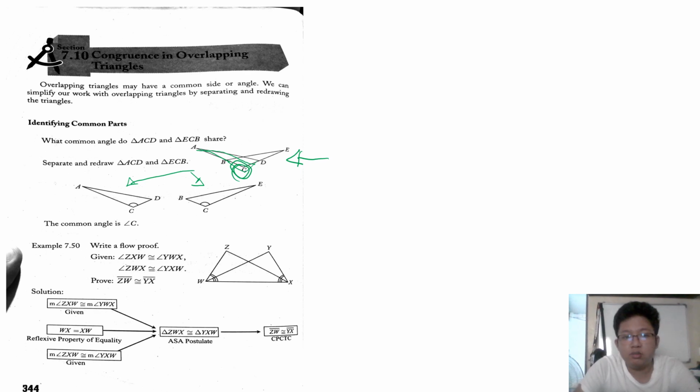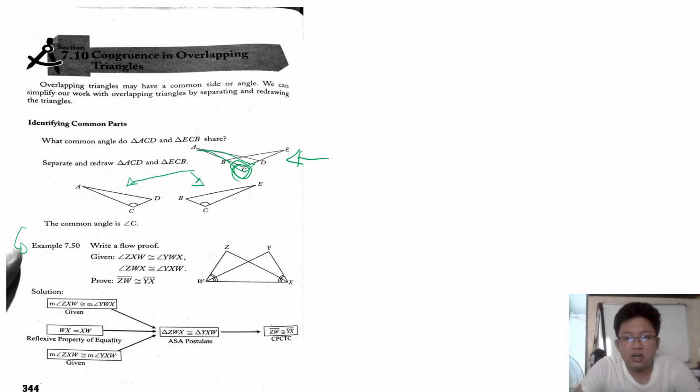Although for this one, we only need to see if they're congruent. And then, of course, like what we have before, corresponding parts of congruent triangles are congruent or equal. So let's have the first example here, for proving. Write a flow proof. Again, like what we discussed before, when we say flow proof, it's like figures.